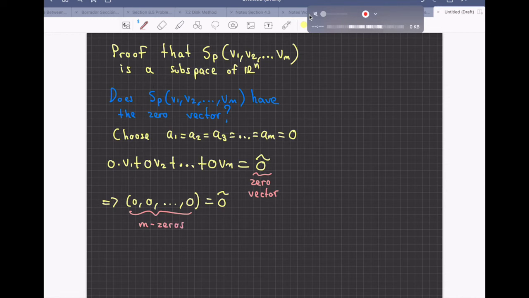So the 0 vector is a linear combination of these vectors b1, b2 up to bm. Yes, always it is, right?